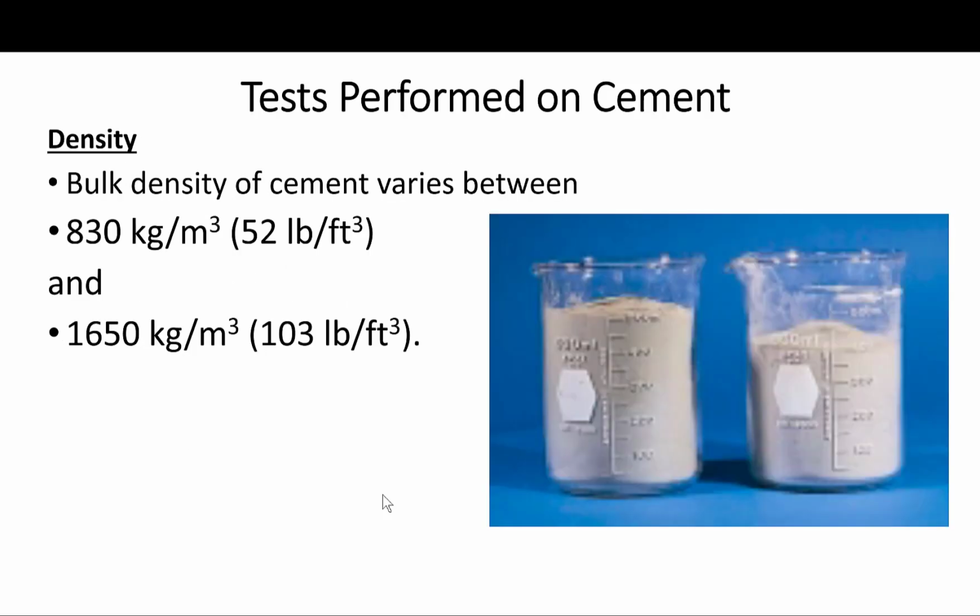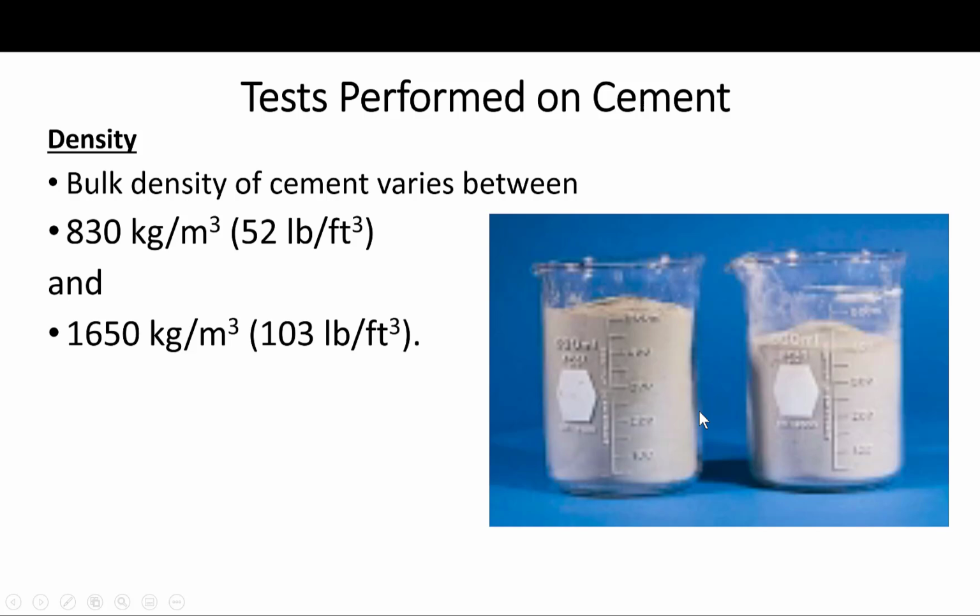We also have another test performed, the bulk density. Just to differentiate it from the density, bulk density is defined as the mass of the powder divided by the volume of the space below the upper surface of the powder when it is placed in a container.